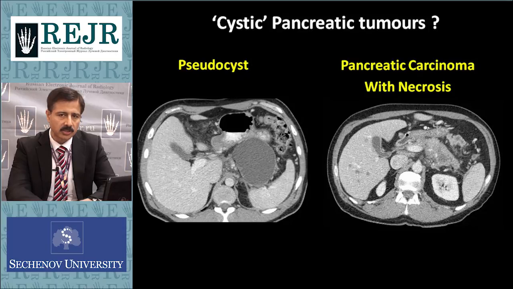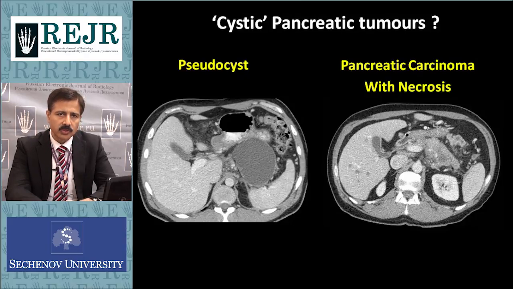So the clinical history is very important to diagnose that. Otherwise, pseudocysts usually do not enhance, and they are not septated. If a pseudocyst enhances, it might be infected. Within a pseudocyst, you might find debris. Again, it does not enhance.